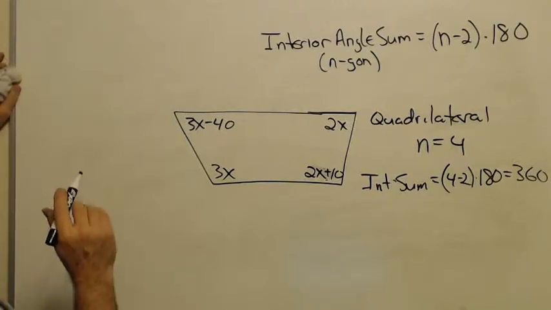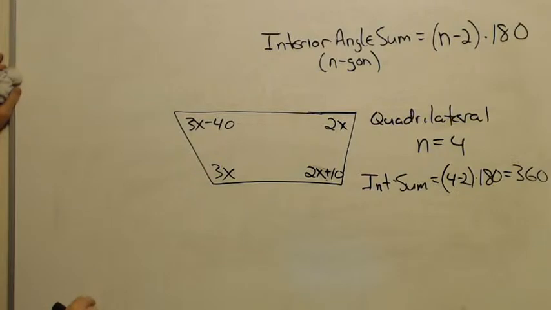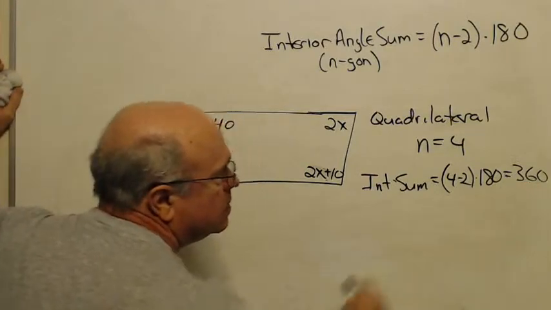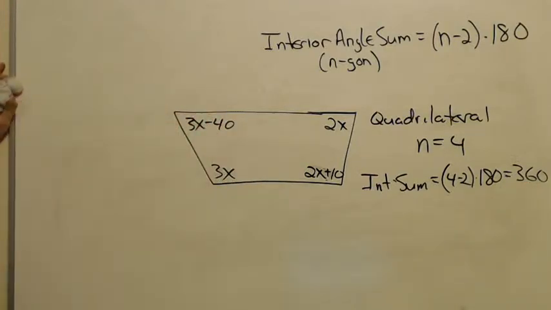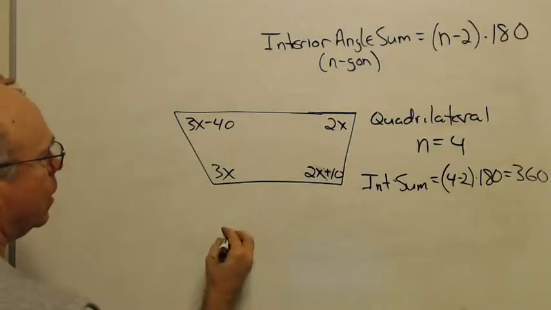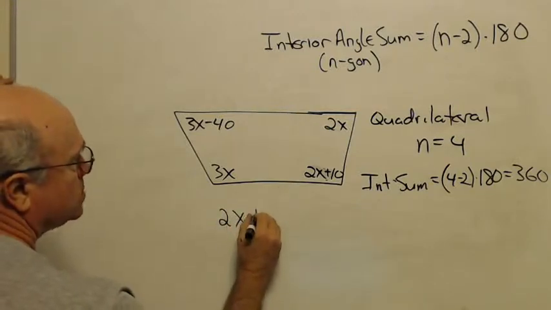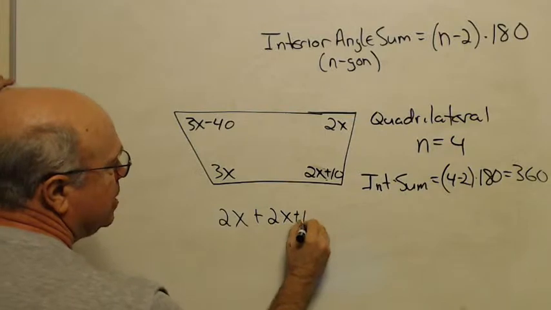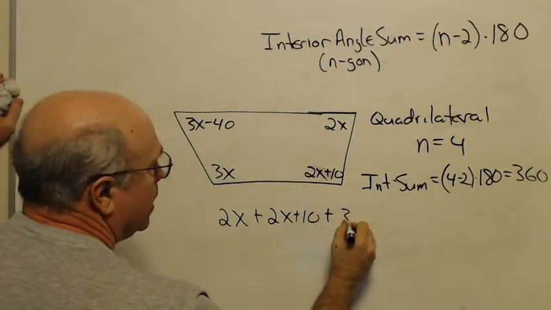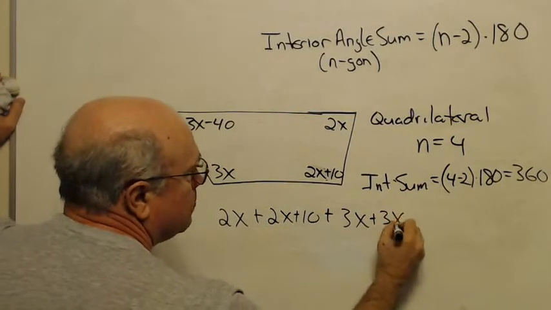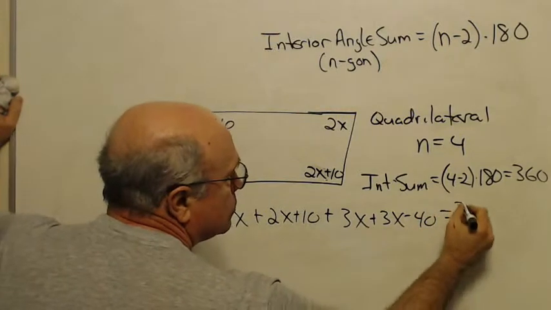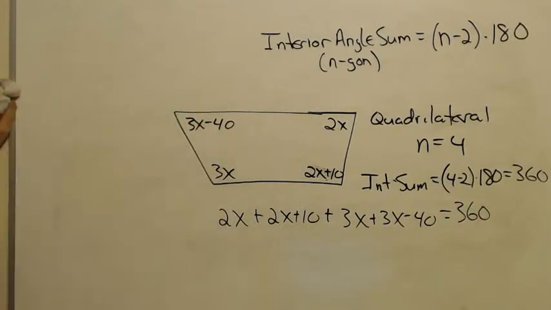Okay, we're going to solve for x and therefore get all the angles by using the fact that all the angles add up to 360. That's what angle sum means. So we've got that 2x plus 2x plus 10 plus 3x plus 3x minus 40 equals 360. And you'll see some problems like this in the book.